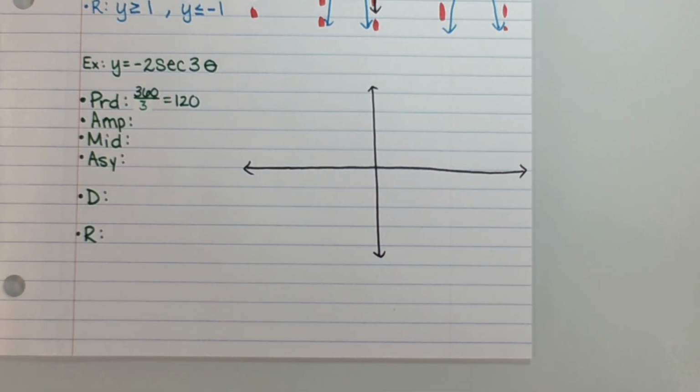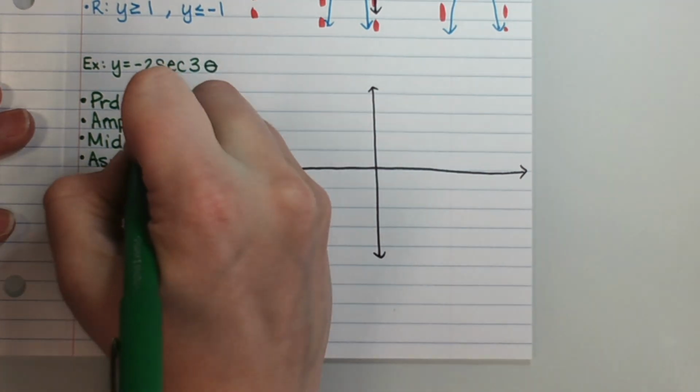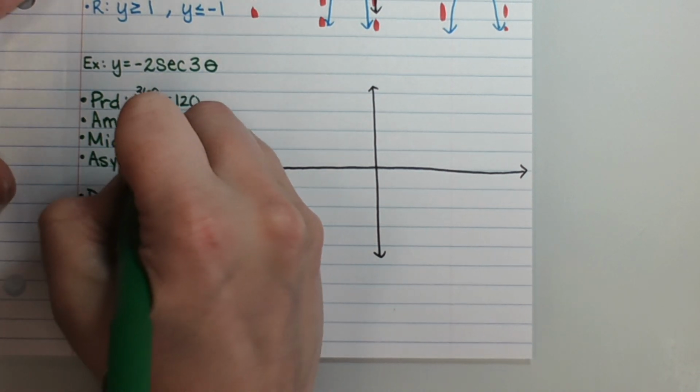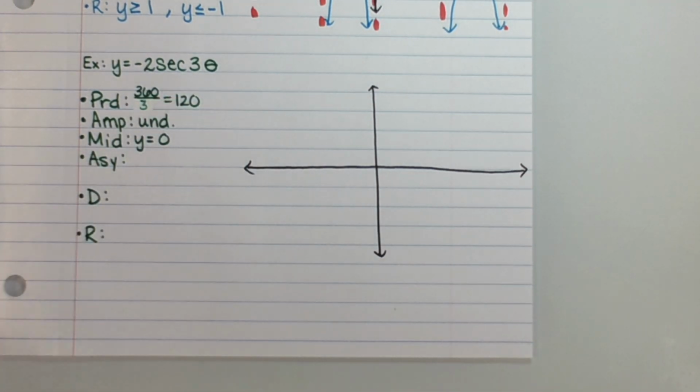Amplitude for secant, cosecant, cotangent, tangent are all the same. Should be an easy one. Amplitude will be undefined. Midline hasn't changed yet. Y equals 0. Asymptote, domain, and range, I come back to them.